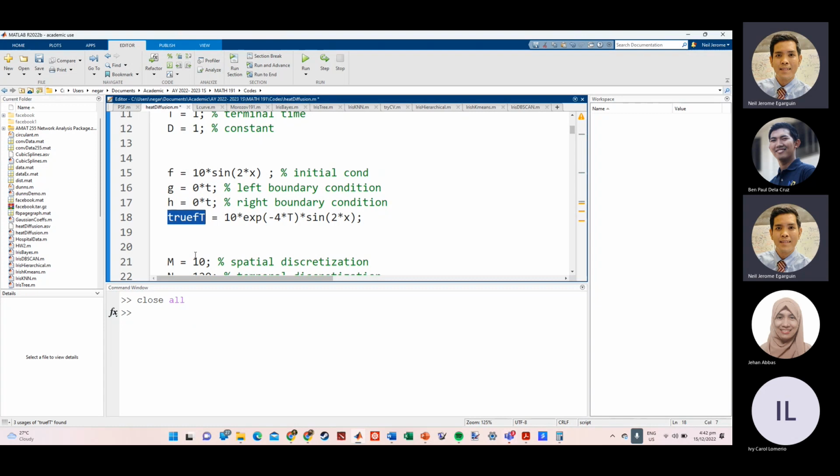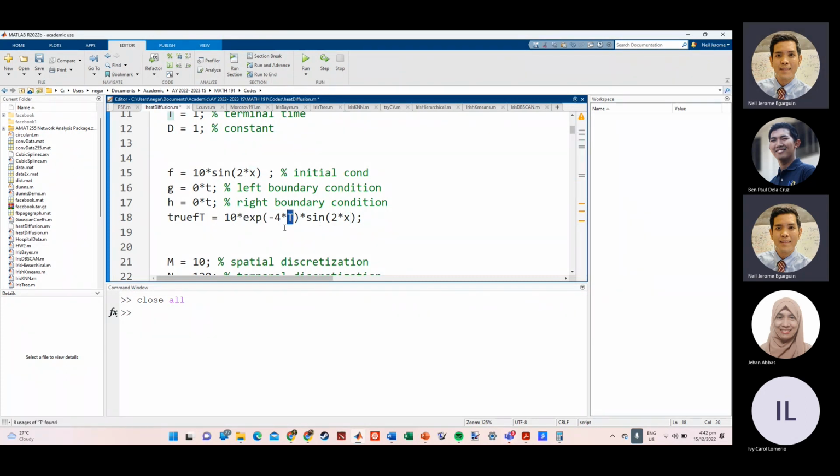Tapos sa line 18, dineclare ko yung true function f or the true solution function u. At yung true temperature, tinawag ko lang siyang f for whatever reason, but this is the true function at the particular time capital T. Kasi yung solution, if you remember from last meeting, ang pinakita kong example na solution ng heat equation ay u(x,t) equals e to the negative 4t times sine of 2x.